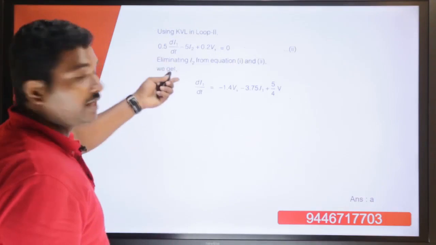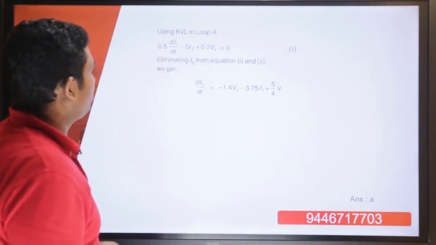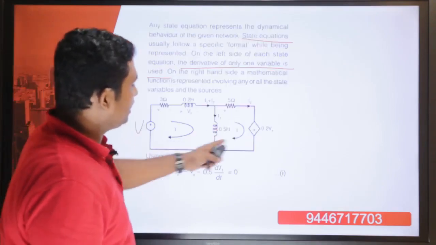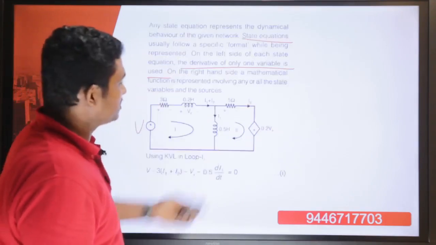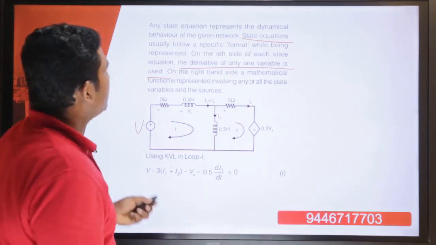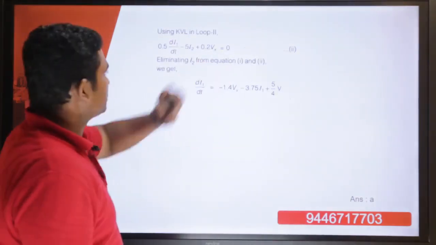And we are going to make the loop equation in the second loop also. So it is 0.5 di1 by dt plus 5, minus 5 I2, then plus 0.2 Vx is equal to 0.